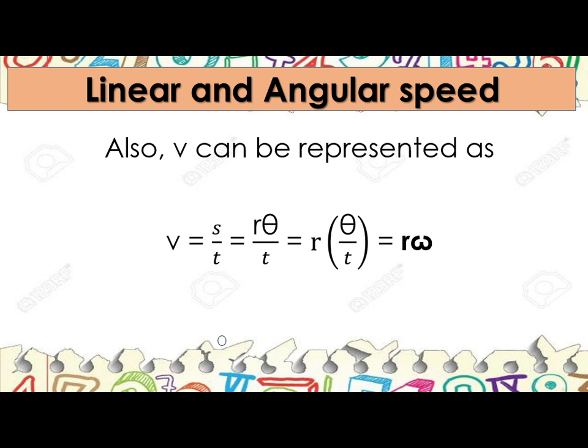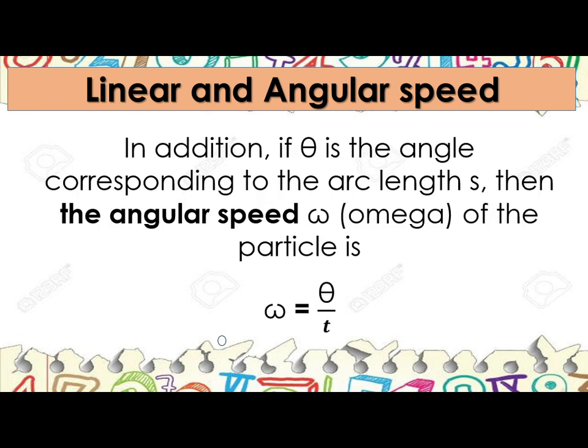So if you have the angular speed and you have the radius, for you to find the linear speed, you just need to multiply the angular speed and the radius. In doing so, your V equals S over T will become R times the central angle all over T, equals R quantity the central angle over T, wherein the central angle over T, as we discussed in the previous slide, is the omega.